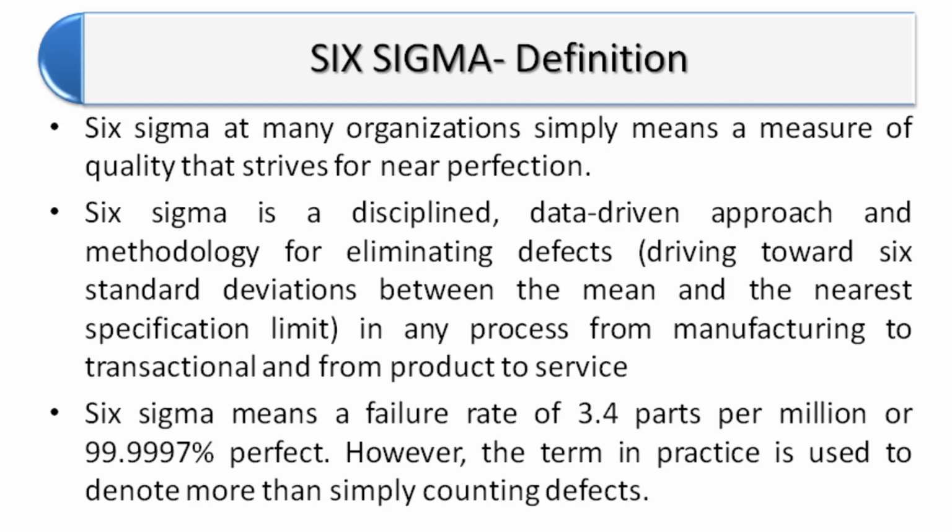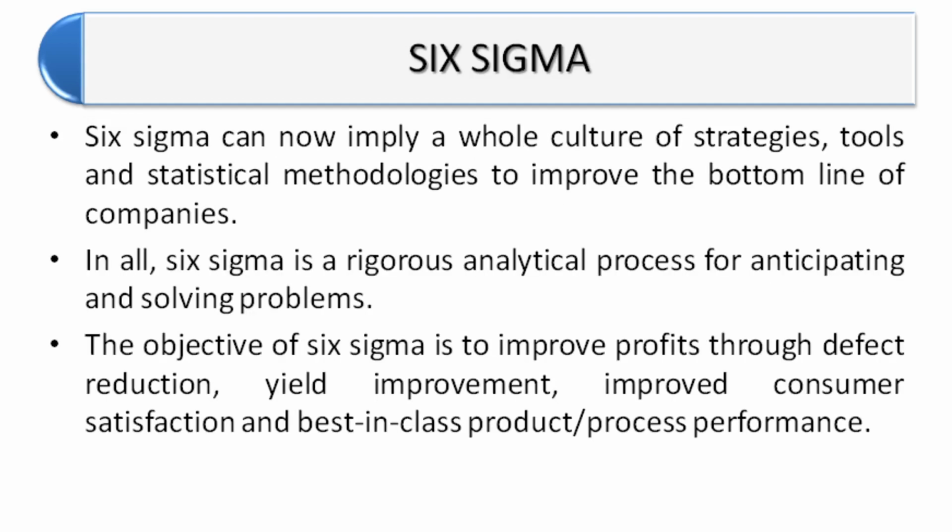So this is the main definition regarding Six Sigma. Next we have to see, Six Sigma can now imply a whole culture of strategies or tools and statistical methodologies to improve the bottom line of companies. So in all, Six Sigma is a rigorous analytical process for anticipating and solving problems.